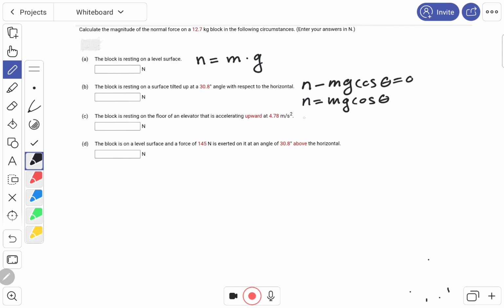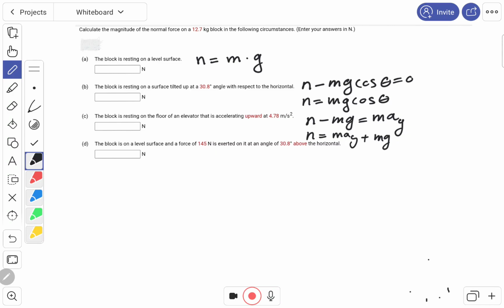So we can say that normal force minus mg equals m times acceleration in the y direction, which basically is the same as saying normal force equals ma plus mg.